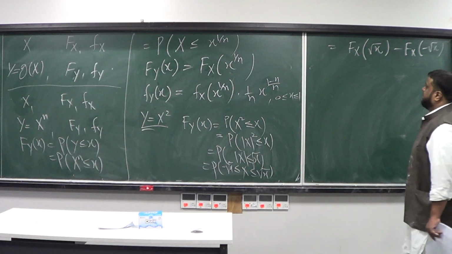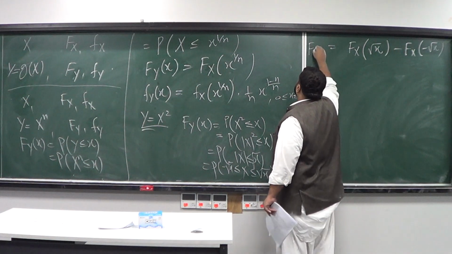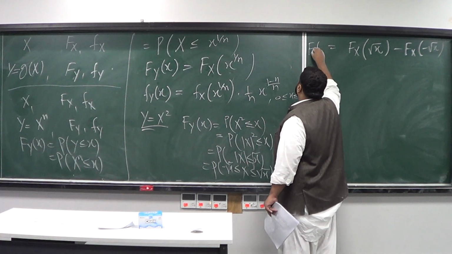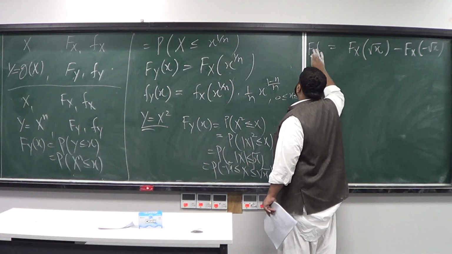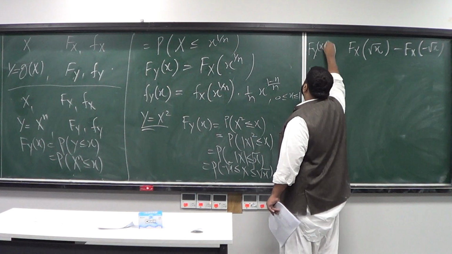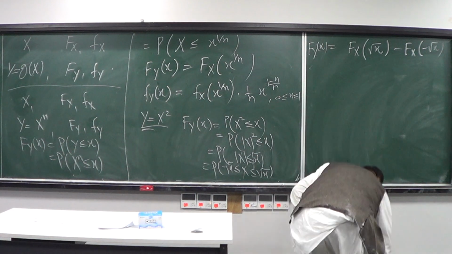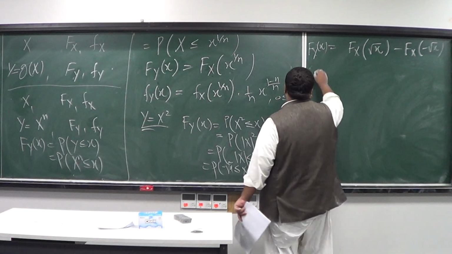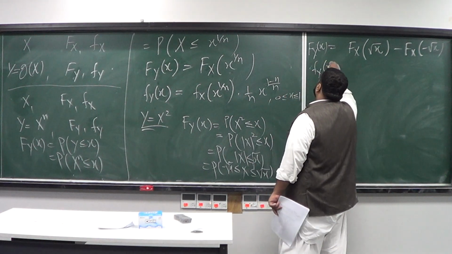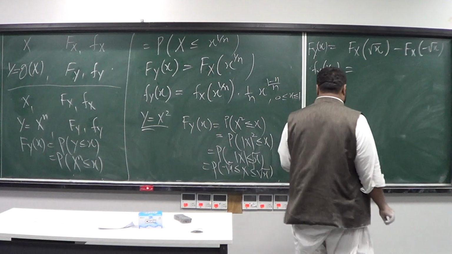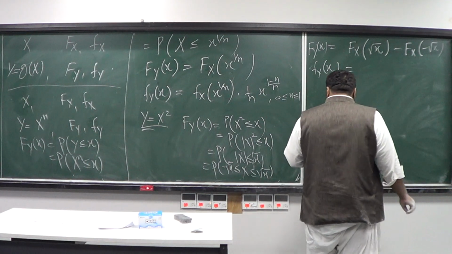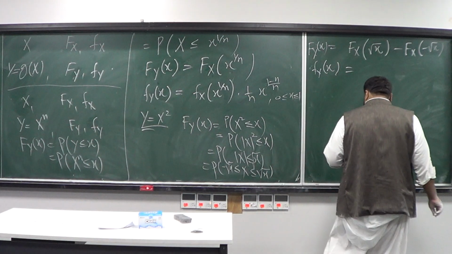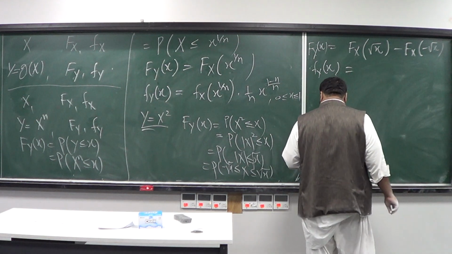Minus accepted. So this is what is really going to be the CDF of, say, F_X(x²), F_Y(x), where Y is X² actually. And hence you can also find the PDF of it. That is going to be f_Y(x).